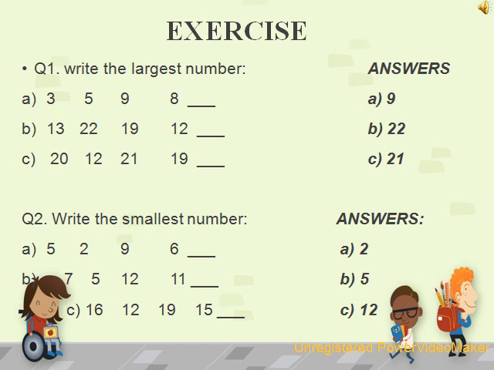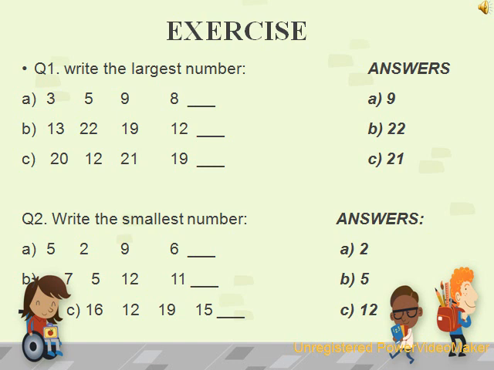For example, in A part, let us see 3, 5, 9 and 8 are written. Now, which is the largest number in all 4 numbers? 3? No. 5? No. 9? Yes. 9 is the largest number among all the 4 numbers. 9 is the correct answer.